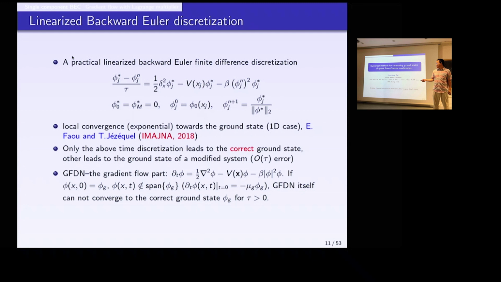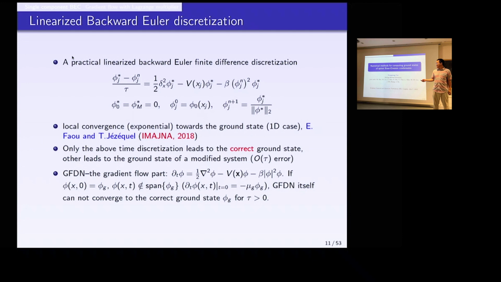Okay, so if we consider the gradient flow at the continuous level itself, because this is a nonlinear equation, if we put the initial state as the ground state itself, then as it evolves, the solution will deviate from the ground state, not staying in the one-dimensional linear space spanned by the ground state, but it will have some deviations depending on the time step size tau.